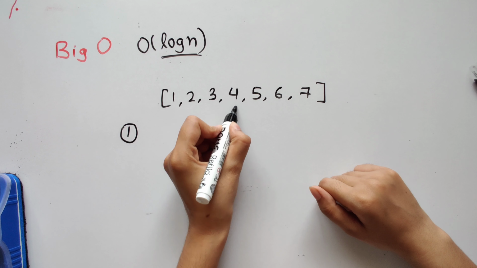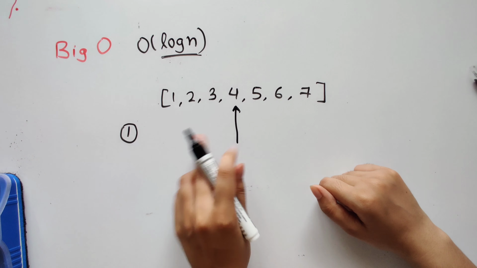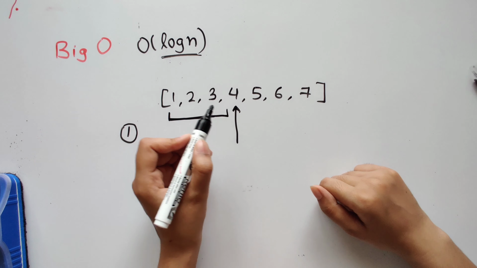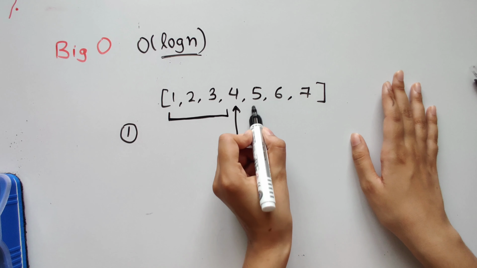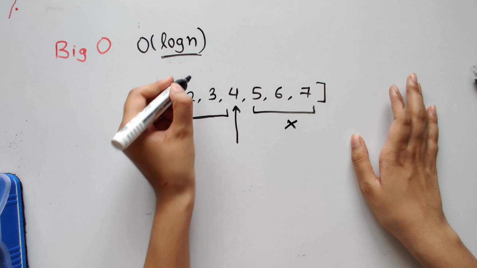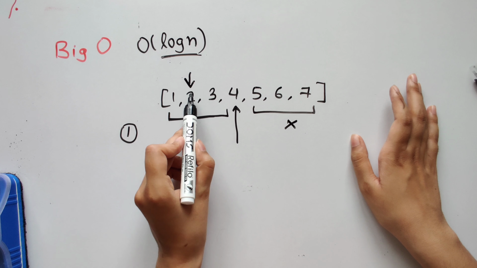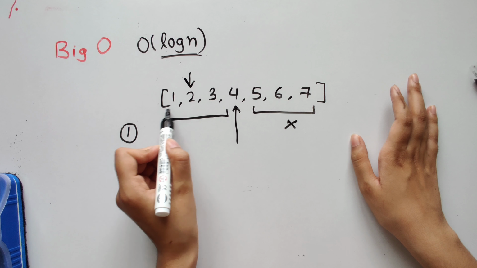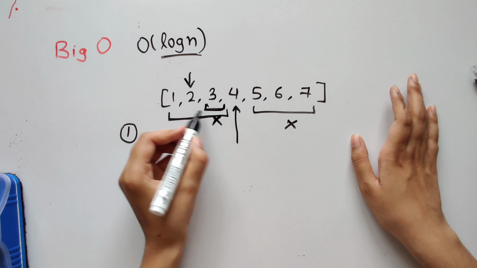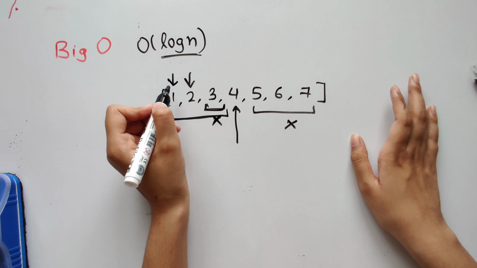You go to the mid element and you see that 1 is less than 4, therefore definitely 1 is going to be present in the first half. So you altogether ignore the second half, right? Again you find the mid element, which is 2. 1 is less than 2, so you will find 1 in the first half, so you altogether ignore the second half. And then you finally find 1 and return it.